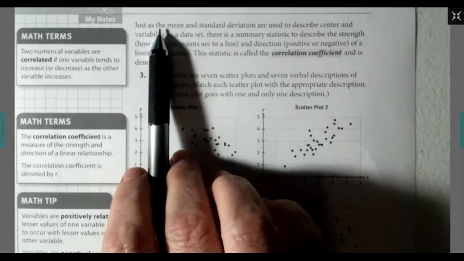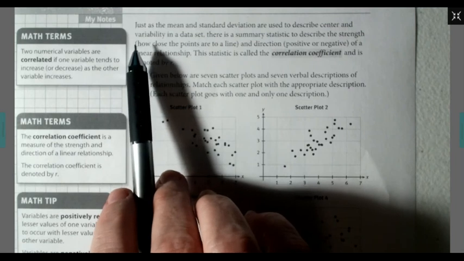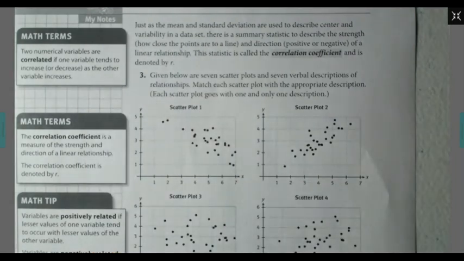Just as the mean and standard deviation are used to describe center and variability in the data set, there is a summary statistic to describe the strength, or how close the points are to a line, and the direction, positive or negative, of a linear relationship. This statistic is called correlation coefficient and is denoted by the letter R.